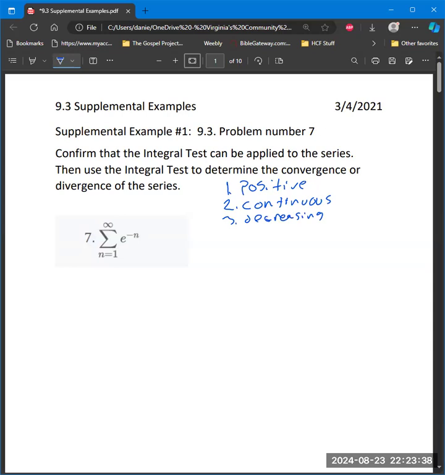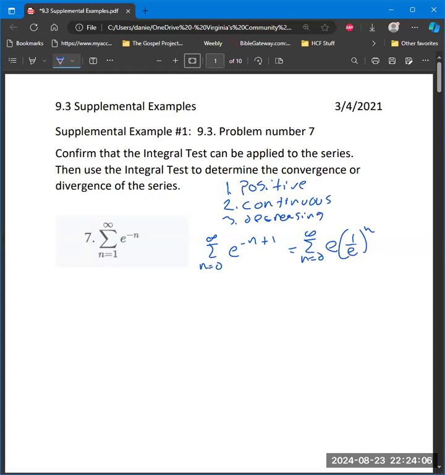Now we actually can use the geometric series test here because we have this as the sum from n equals 0 to infinity of e to the negative n plus 1, which is going to be the sum from n equals 0 to infinity of e times 1 over e to the n.